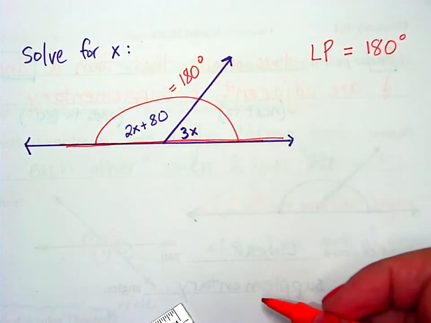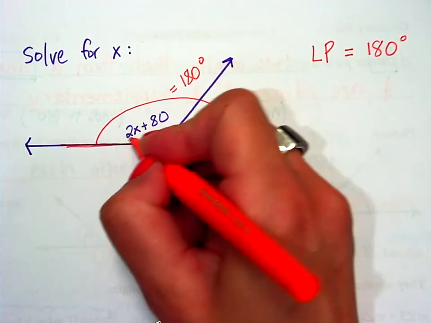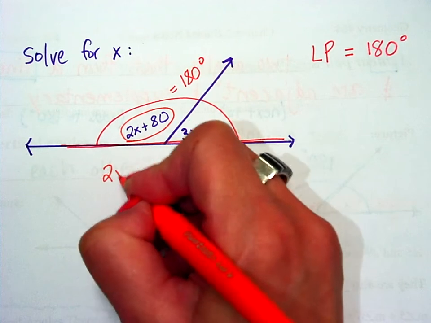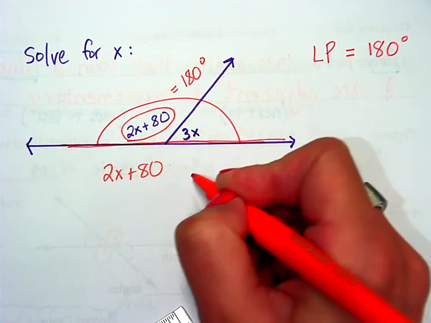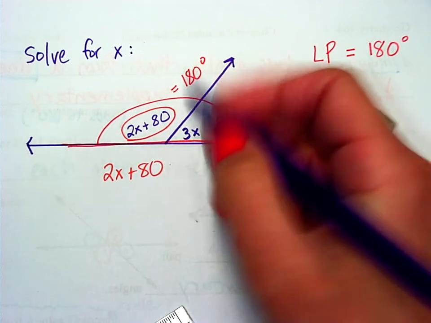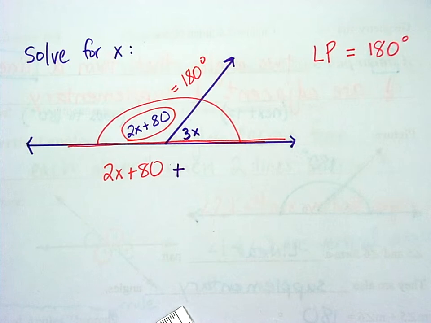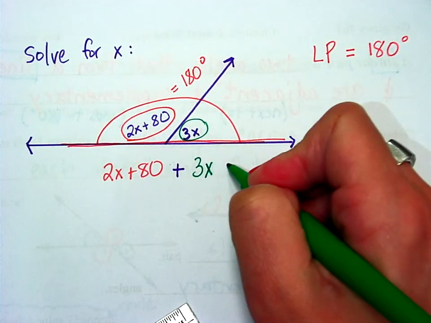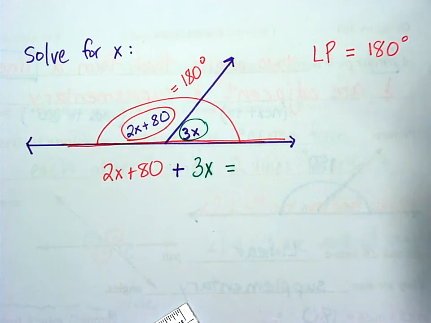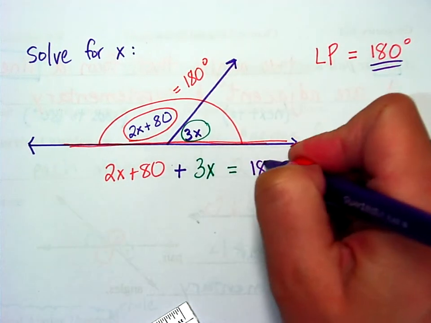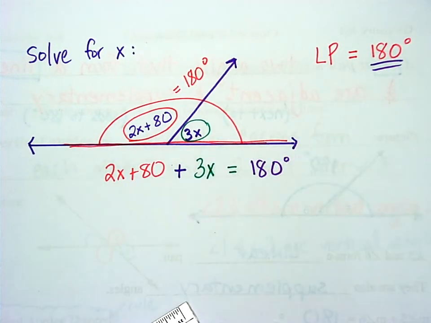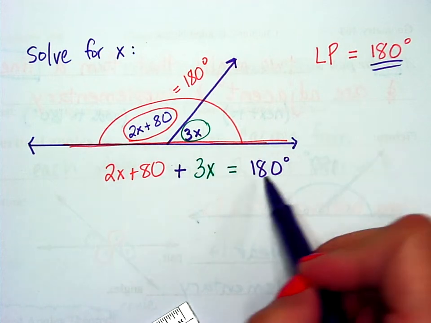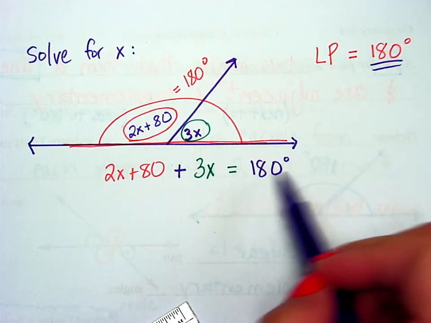So we're going to go ahead and set up our equation. We're going to start with this one here on the left, 2x plus 80, and then I'm going to add it to the other guy, 3x, and that's going to equal, what did we say? 180. Now the examples we did before with the right angles and the complementary angles, those are always equal to 90.